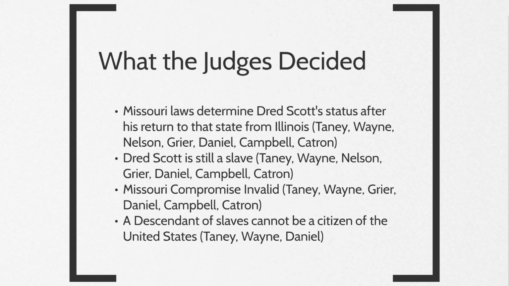First of all, there was broad agreement on the court. Seven of the nine justices ruled that Missouri laws determined Dred Scott's status after his return to that state from Illinois. So even if he went to Illinois and was free by Illinois law, even if he was free potentially by federal law, by visiting free territory, when he returns to Missouri, Missouri law holds. This follows Strader v.